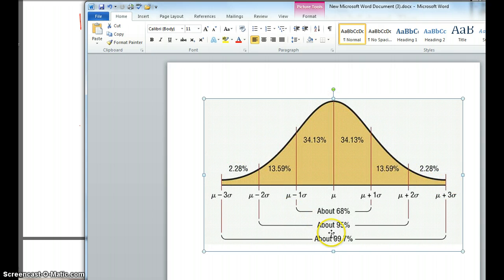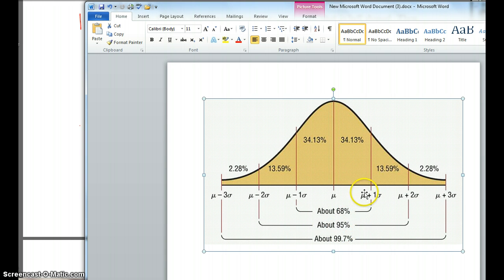That's about 99.7%. But that's really not all, because if you look at this curve, it's a bell curve, it's symmetric. So I know more than just these three numbers.